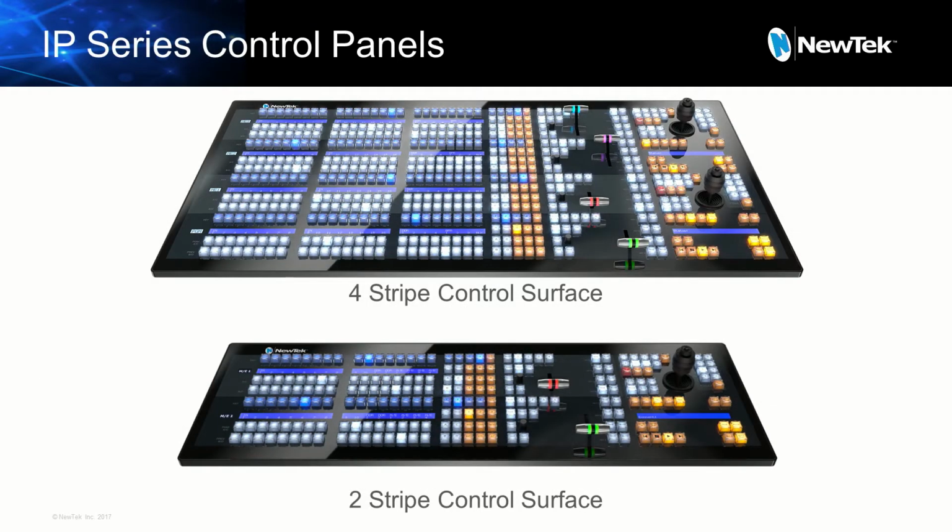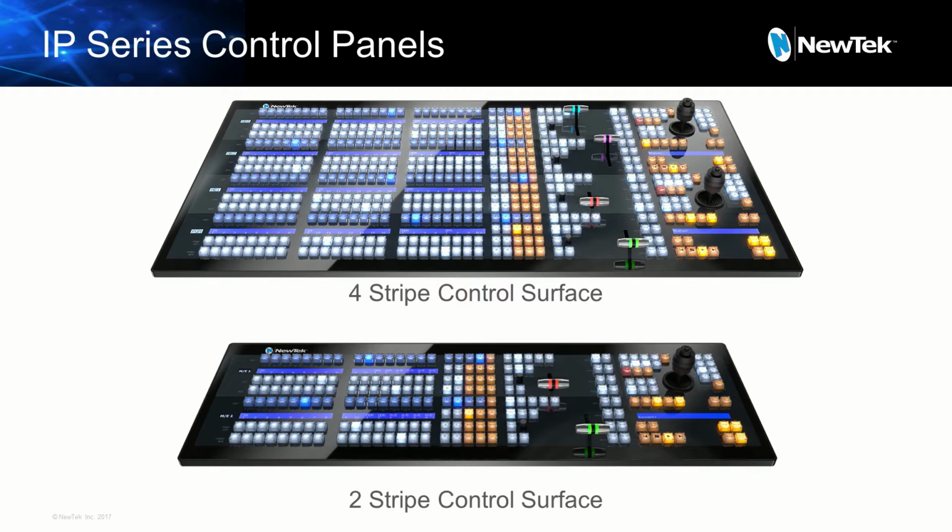There's also a new control surface available for IP series. The 4-stripe has been available and is still available, but we have introduced the 2-stripe control surface, which you can put on the system, and this allows for people where space might be a concern, where a 4-stripe is just too big to fit in the location they need, or price as well, because the 2-stripe is less expensive.